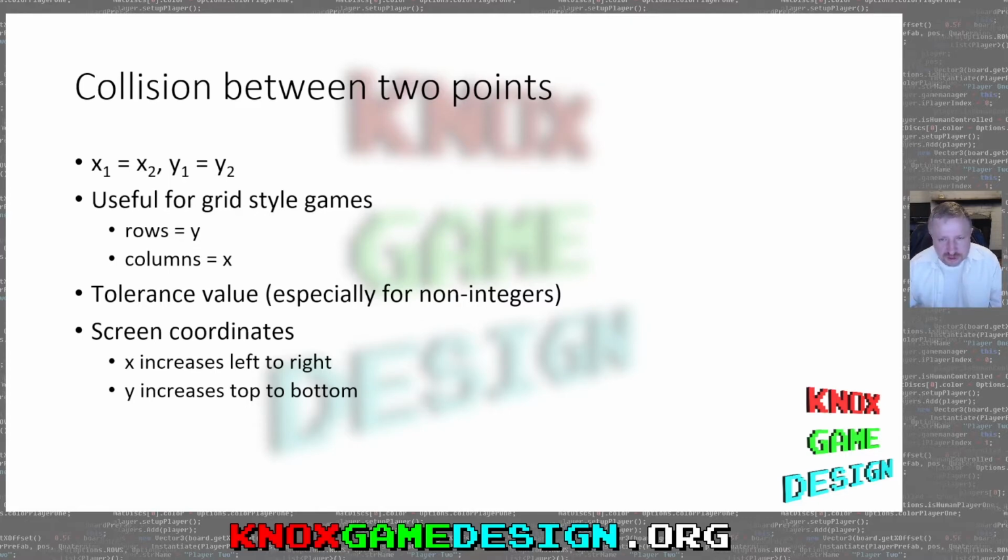And also in this talk, I'll be using typical screen coordinates in a lot of game development environments and frameworks, where your x value goes from 0 to your screen width, from left to right, and your y value goes from 0 to screen height, going from top to bottom.